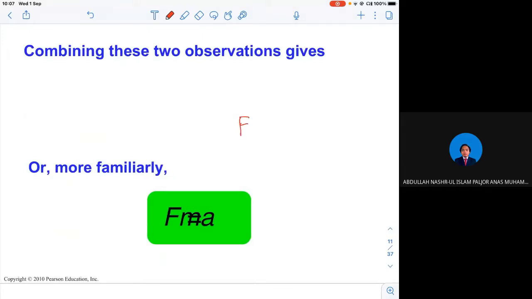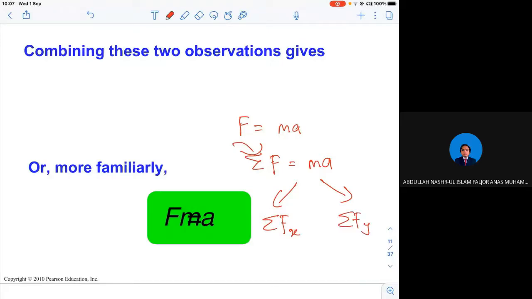Normally this is just force equals ma, but during problems, normally we must put the summation of F equals ma. What is the summation of F? That means hasil tambah, the sum of all forces. So the summation of F equals ma can be divided into summation of Fx and summation of Fy, and both will be equivalent to ma.